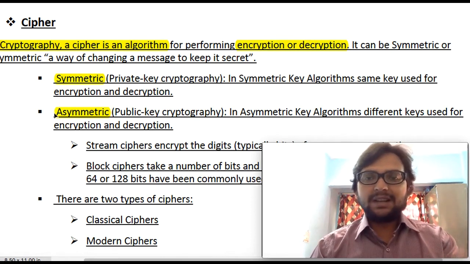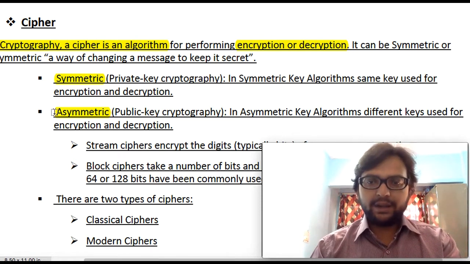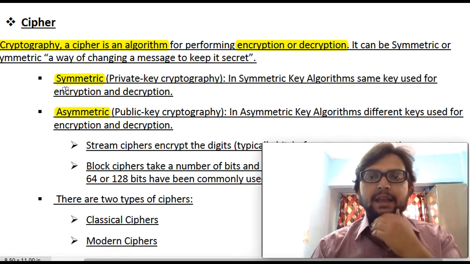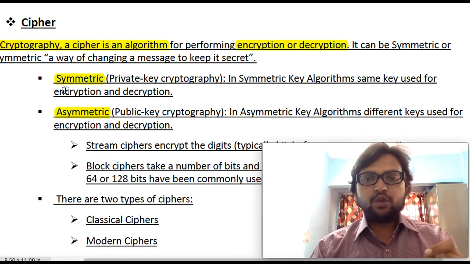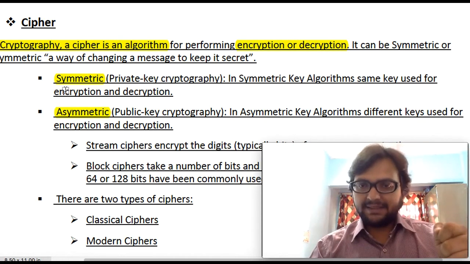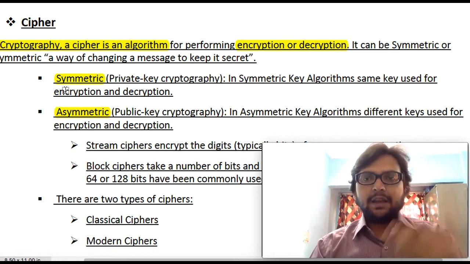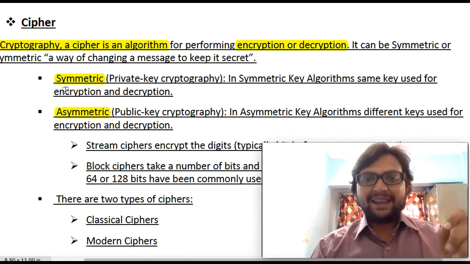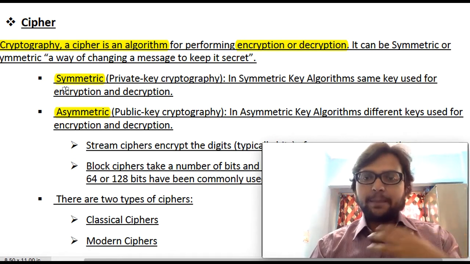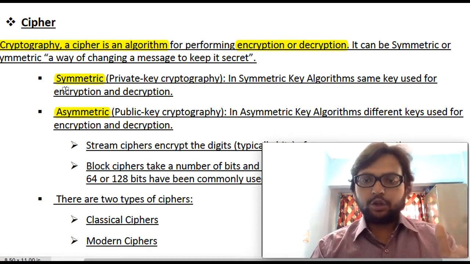When we talk about the asymmetric pattern, this is a bit more secure as compared to the symmetric pattern. Why? In this particular type, we use the public key of the receiver for locking the message. So for example, if you try to send me a message, then before sending it to me, you are going to encrypt or lock that message using my public key, which is known in the public domain.